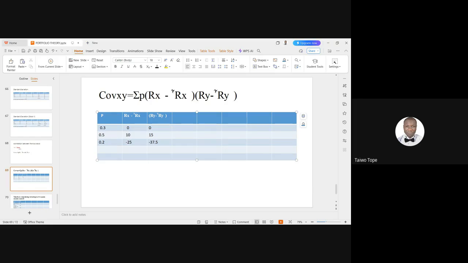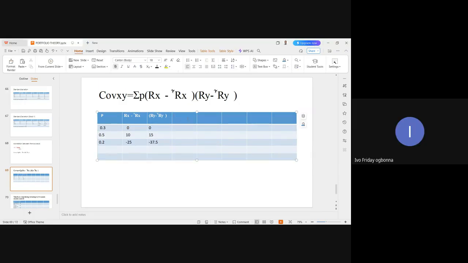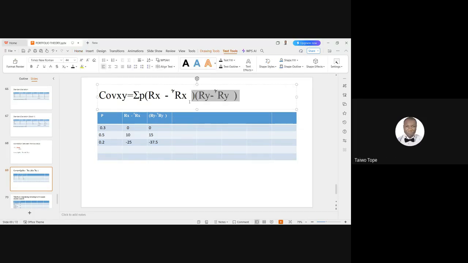So this formula, what is the interpretation? Who can tell me the interpretation of this formula? P into the bracket RX minus RX bar, close brackets, open brackets. Mathematically, what does this mean? Yes, we are multiplying.